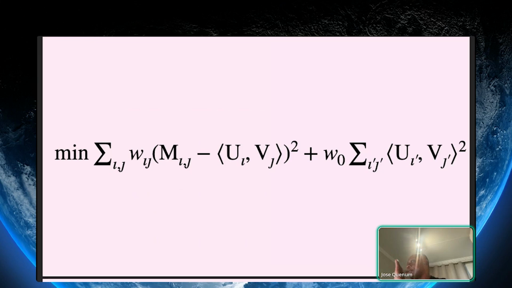If you have a sparse matrix, you can take into consideration the data that has been observed and the data that hasn't been observed.